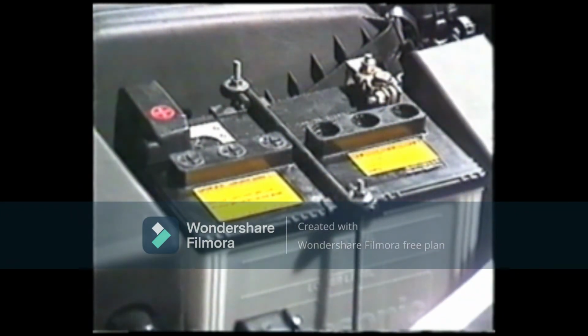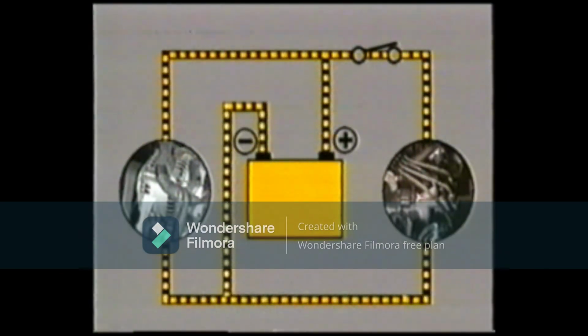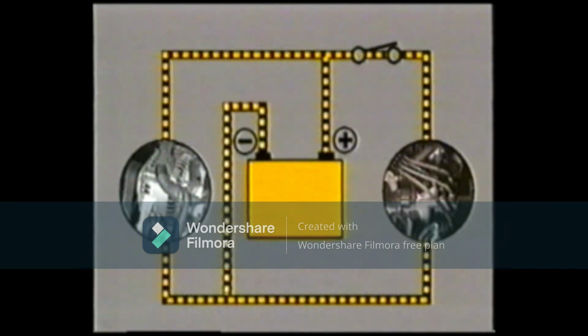Another typical fault is overcharging of the battery. If the battery is overcharged, a lot of bubbles will be seen in the electrolyte, and the electrolyte will decrease considerably, and the light bulbs and fuses will not last long. This is probably caused by overvoltage from the alternator.